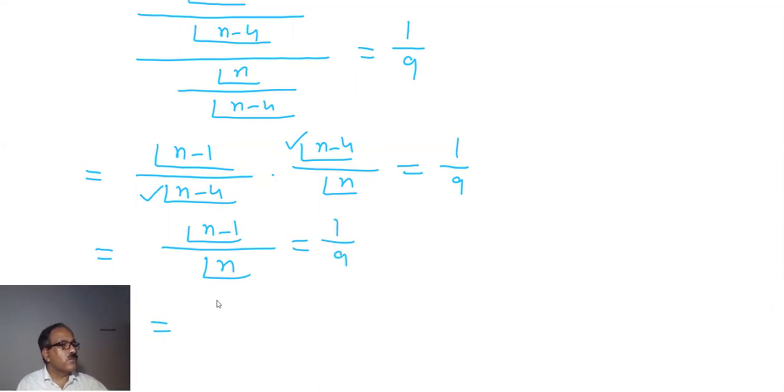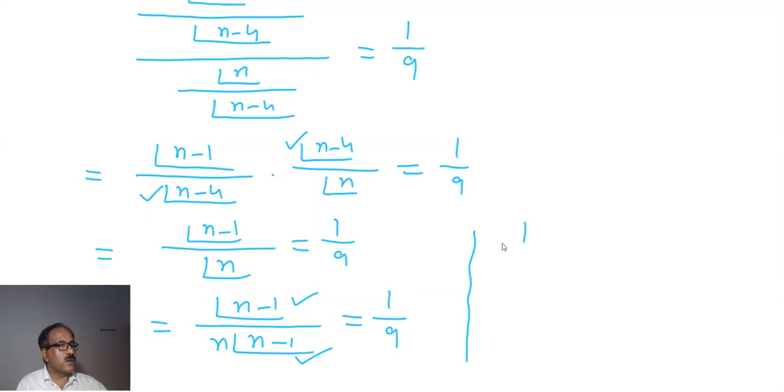See, factorial n minus 1 in denominator, take n outside, then inside you will have n minus 1 is equal to 1 upon 9. Here again factorial n minus 1 and factorial n minus 1 will be divided.